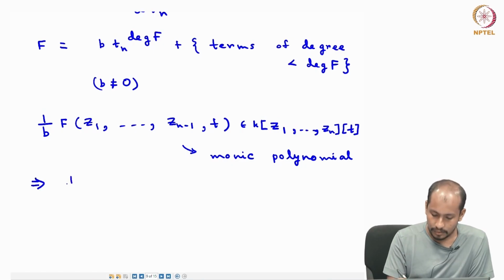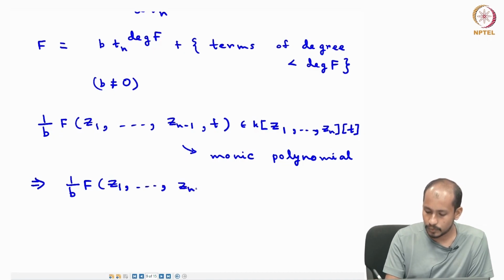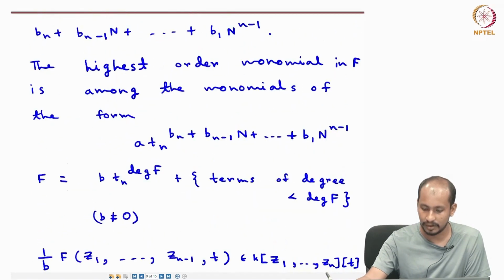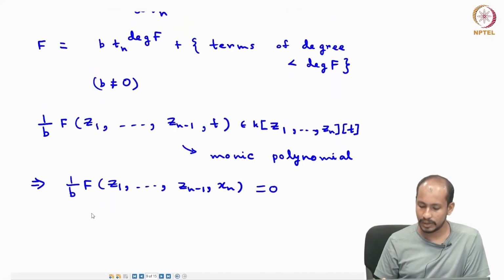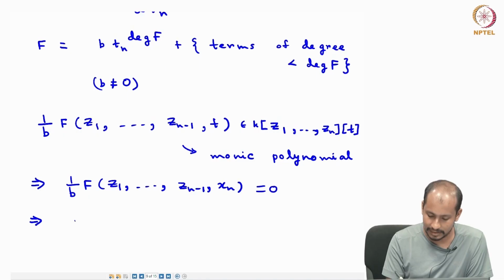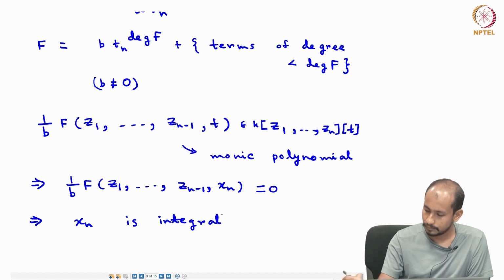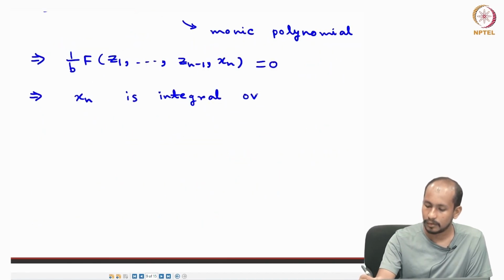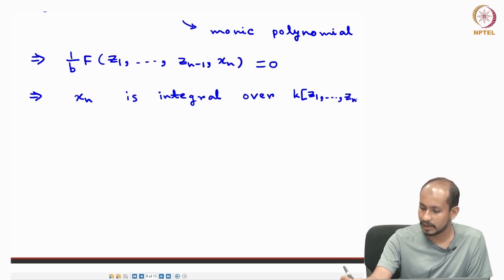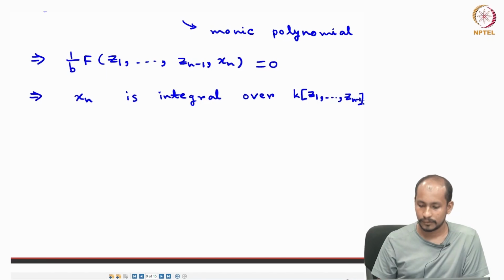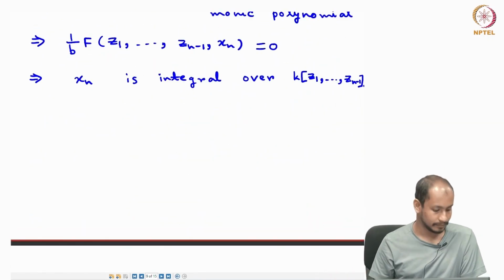So it says that 1 by b F, when we evaluate at z1 up to zn minus 1 comma xn, is equal to 0. This we already saw. So from here it follows that xn is integral over the K algebra K[z1 up to zn minus 1]. So it proves the claim.